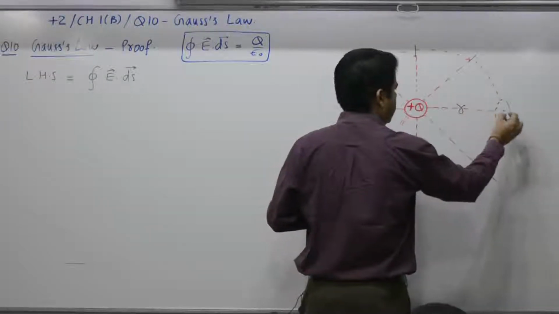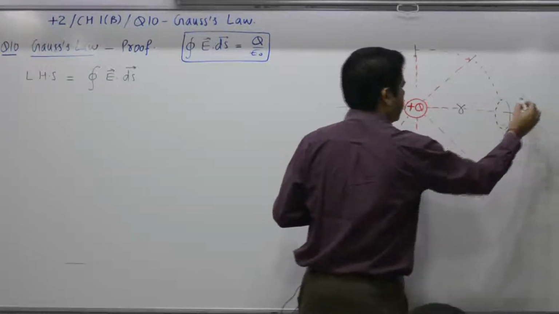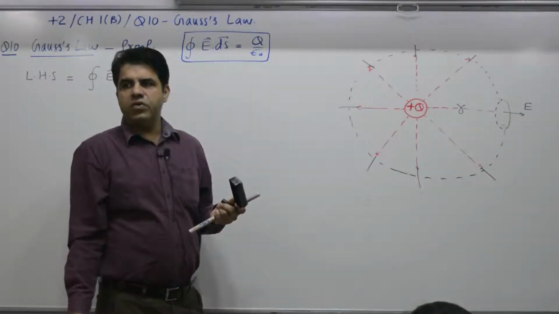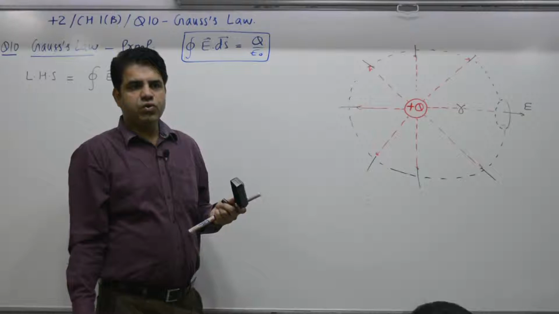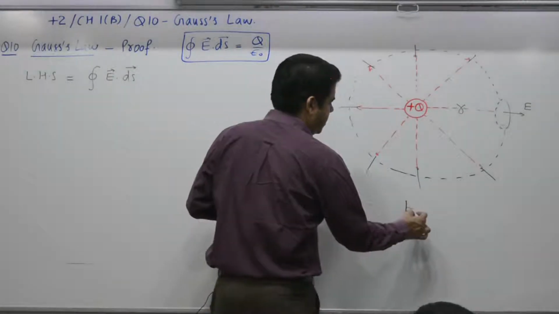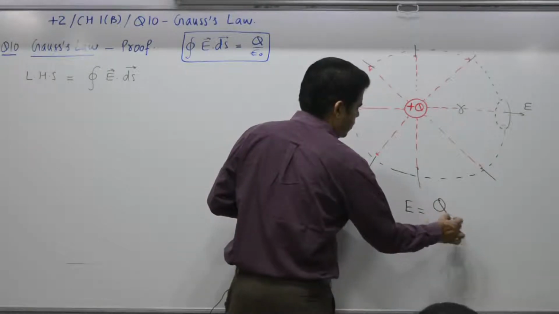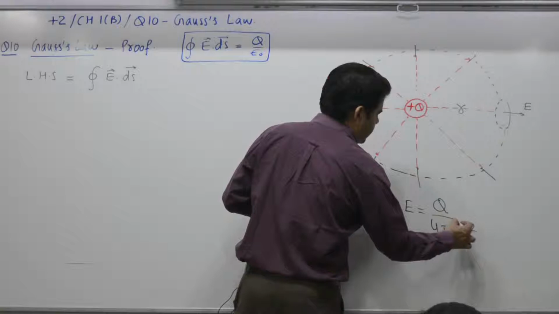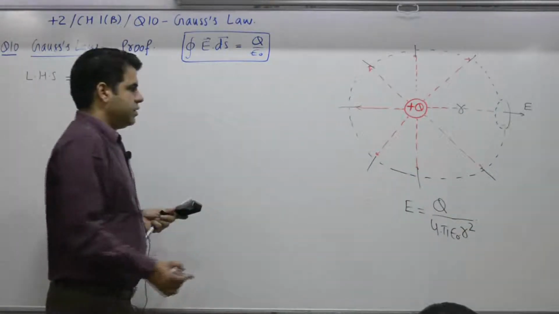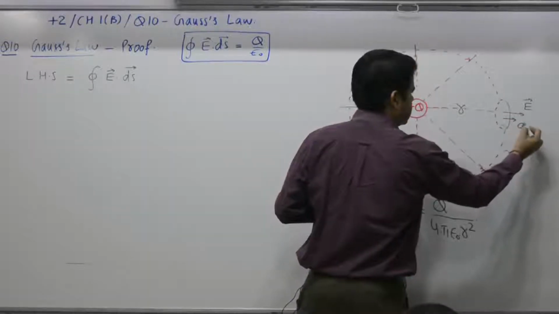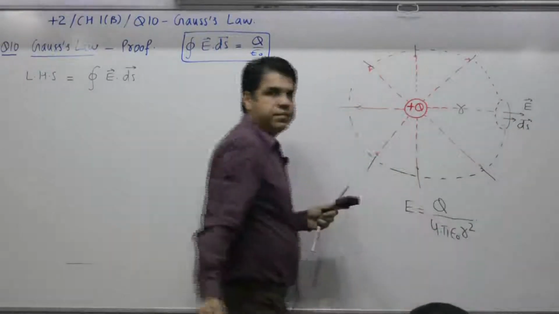If this distance is r, what is the value of E here? What is the value of E due to a point charge at distance r? E is equal to Q by 4 pi epsilon r square. It is radially outward. ds is also radially outward.